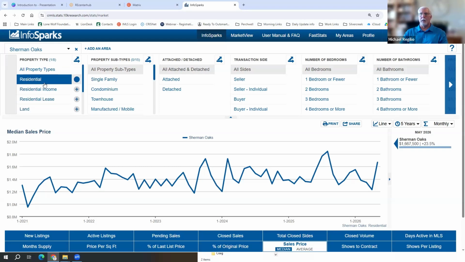So the ones that this will actually give you valid information for is going to be residential income, which is 1 to 4 units or above. Apartment buildings, things like that may be in there. Your land, and the land, actually, we've used that a lot to help understand what's going on for a land listing, and then manufactured in part for the manufactured homes.